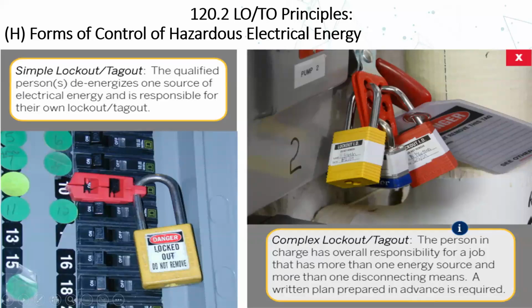Okay, and a person in charge should be there who is responsible for all the process. But in the simple lockout and tagout, there is no written plan required, and there is no requirement of a person in charge. The individual qualified person will be responsible for their own locks and tags. Okay.